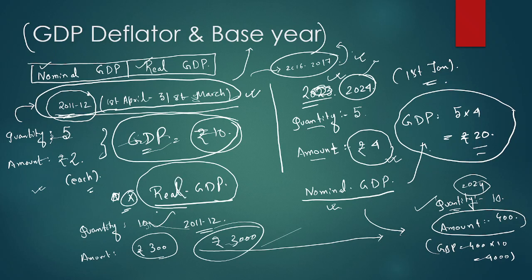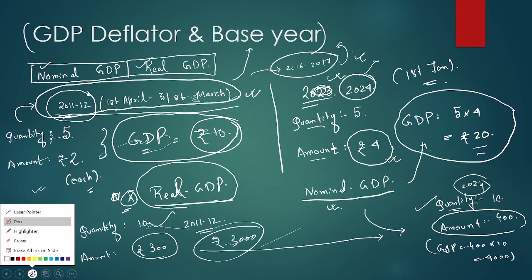With the help of real GDP, especially GDP deflator, I will say this now, we actually see whether the quantity has increased or not. Fine. So may I rub it? Let me rub this. Okay. I think the concept is clear to you.